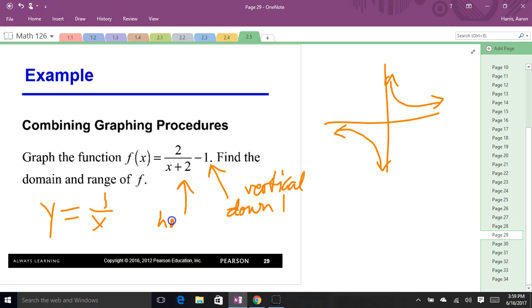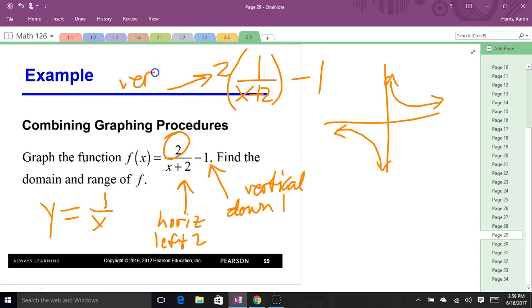That's going to move it horizontally. Again, the horizontal one's counterintuitive. It's actually left 2, even though it's a plus 2. And notice the 2 right there. That's going to stretch it out. So you may want to think about this as 2 times 1 over x plus 2, and then minus 1. So there's our vertical stretch.